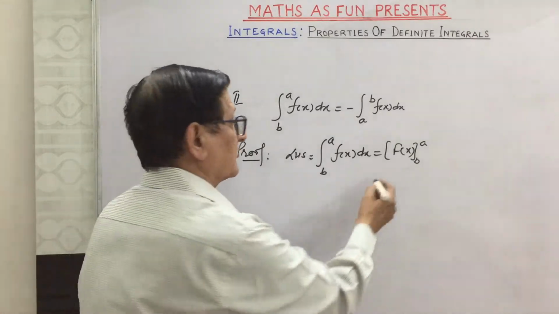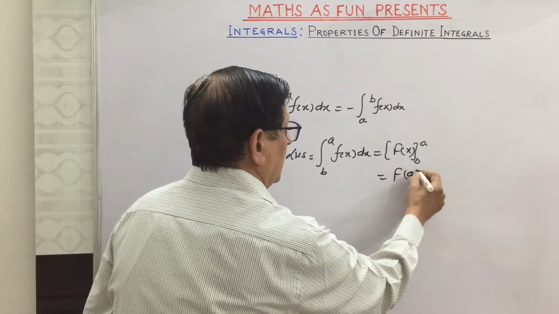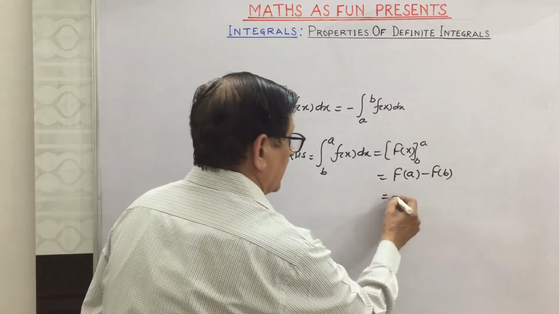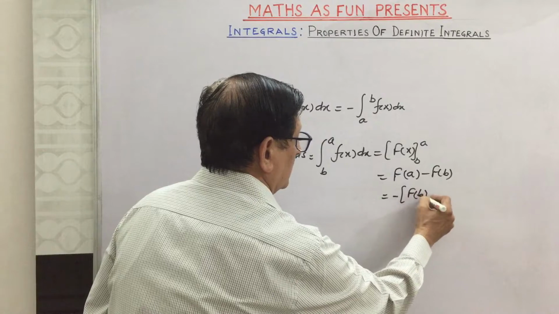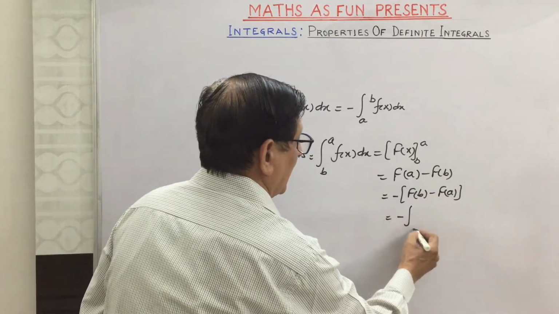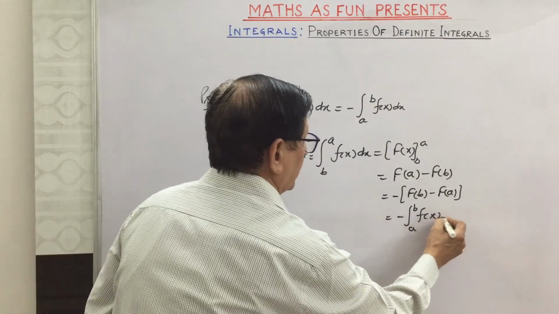As per the definition of the definite integral, will it be F(a) minus F(b)? If we take minus common, will it be equal to F(b) minus F(a), which is equal to minus a to b f(x) dx?